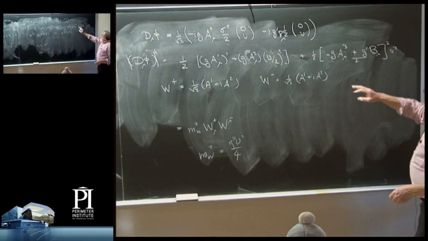Then this thing will be a single massive neutral field. So let me write Z_mu is, let me get all the signs right.